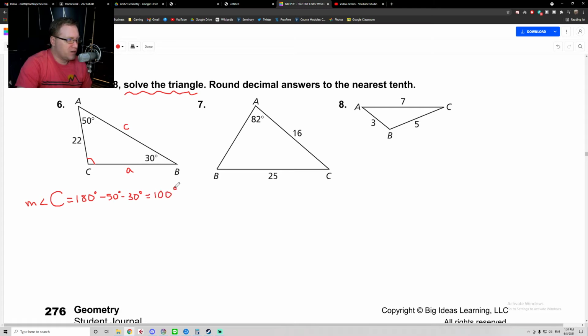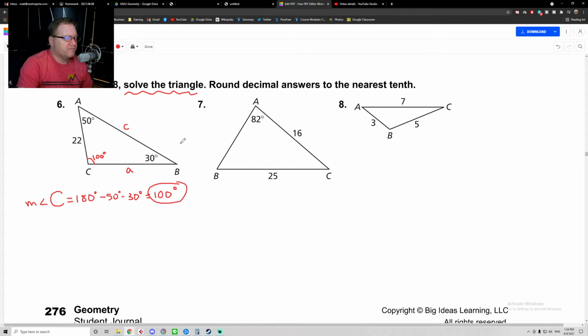So we already found one part. We found this is 100 degrees. Now the only things we need to find are A and C.